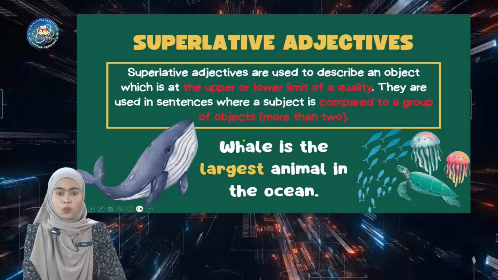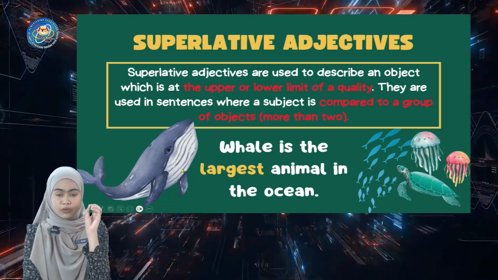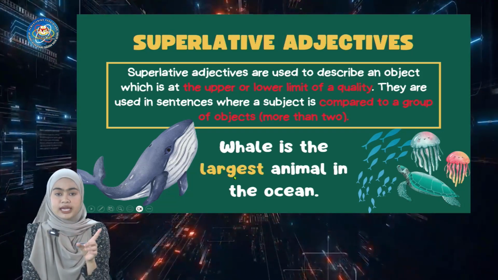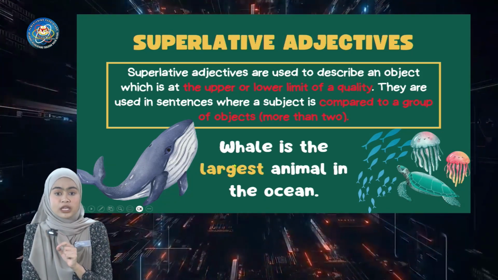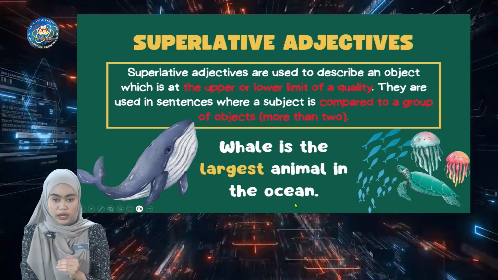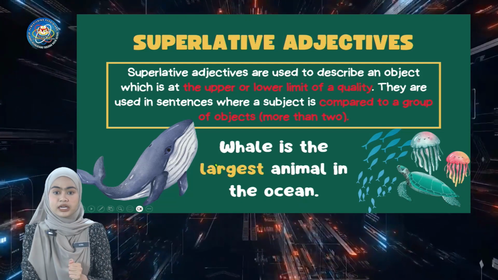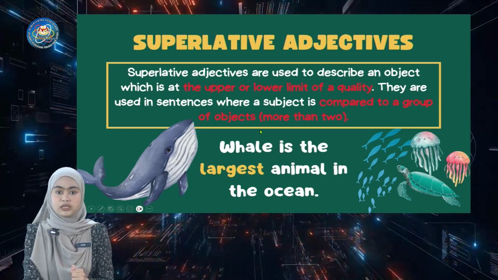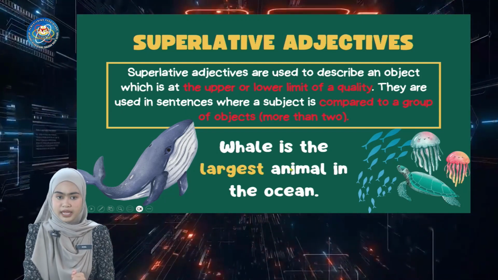Whale is the main noun in this sentence, and largest, the superlative adjective, is used to compare the whale with the other animals in the ocean. So we use the superlative adjective largest to compare between the nouns in the sentence.